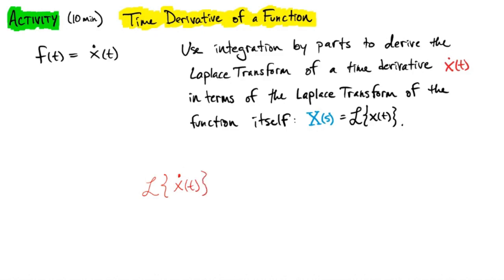So in this case, x is a function of time, so it's a time domain function, and we're taking the derivative of it, and that's why we have this dot here. So what we are interested in understanding is, what is the Laplace transform of x dot? And we're going to be interested in writing that somehow as a function of the Laplace transform of x itself.